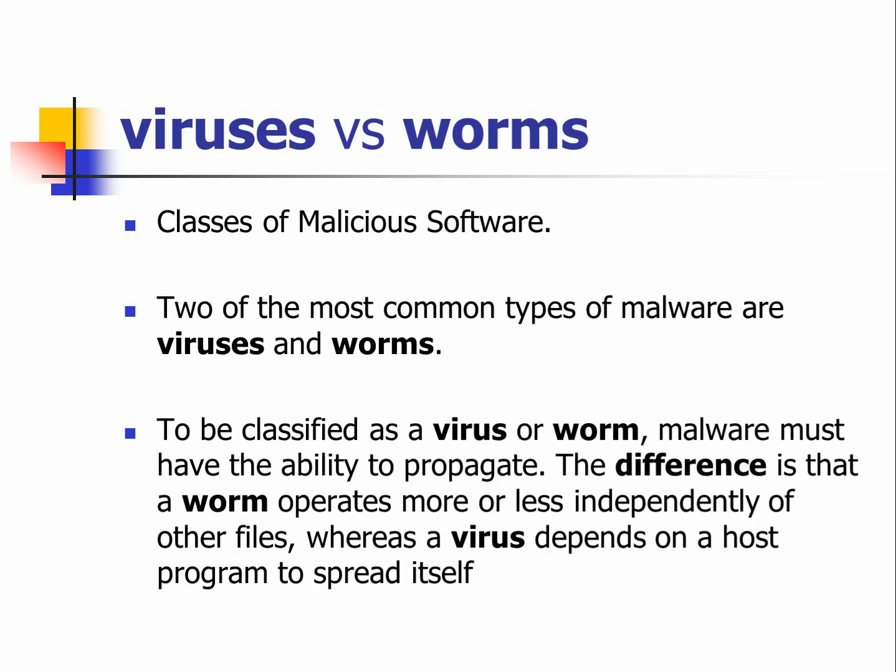So how do we distinguish between virus and worm? The difference is that a worm operates more or less independently of other files. So it is a standalone program. Compared with a virus, which usually needs a host program to go with. And viruses usually exist inside an exe file.